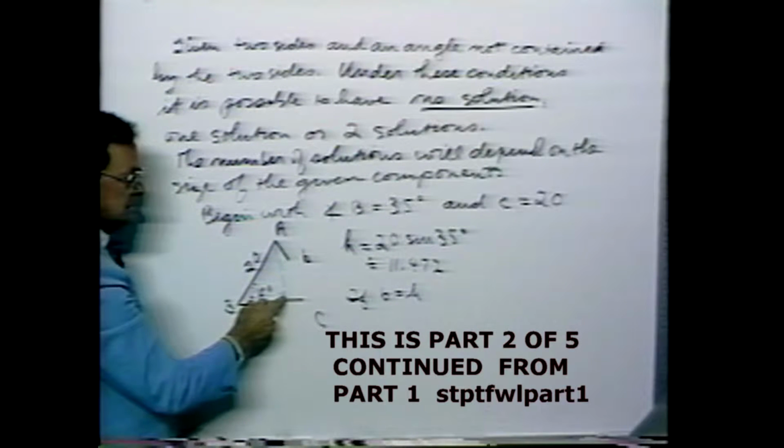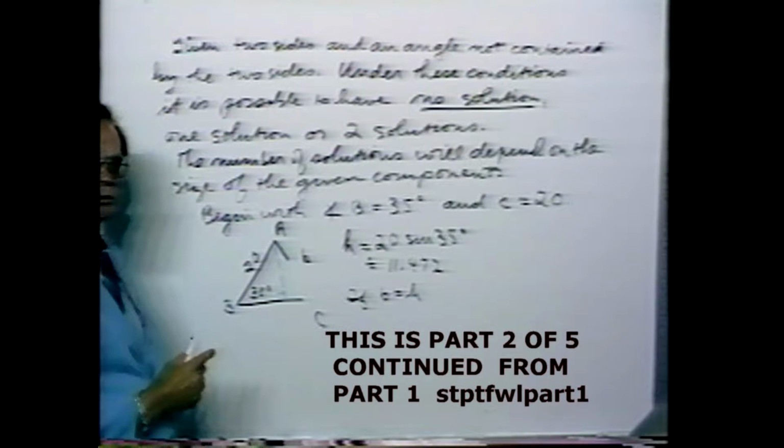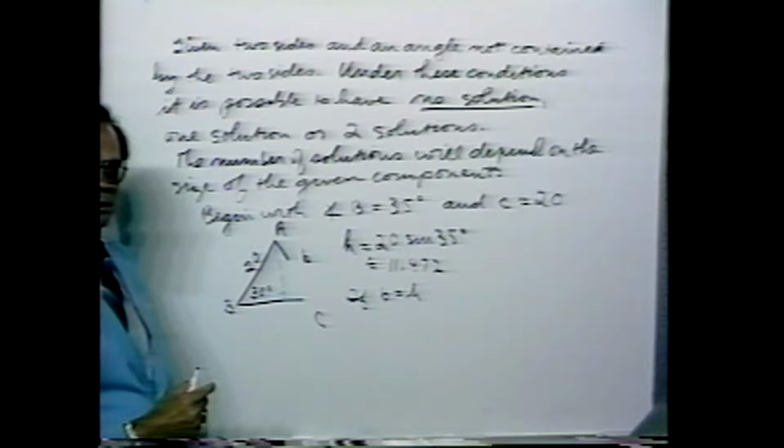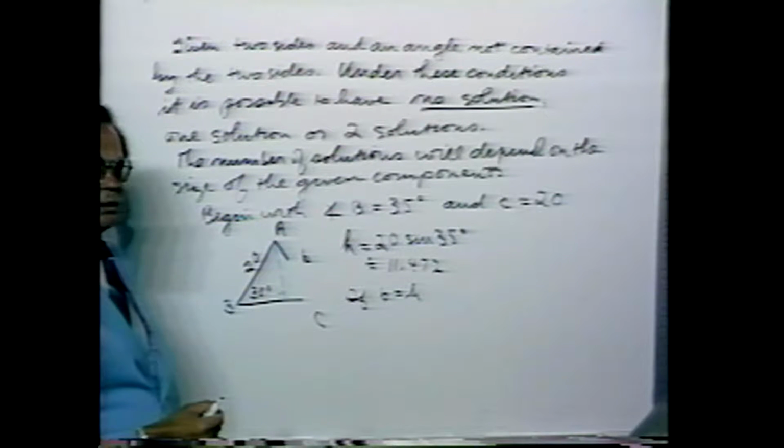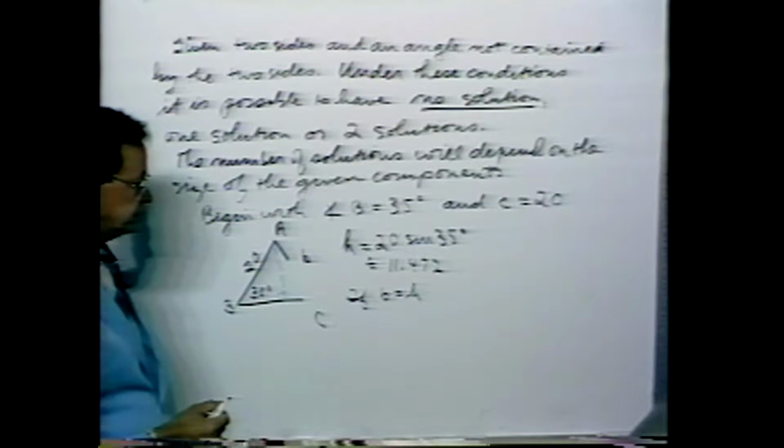If the side B is given and it equals this altitude, then you have one solution, which is the right-angled triangle. That is, one solution is possible, and it is the solution of the right-angled triangle.